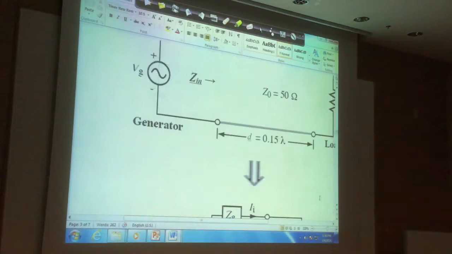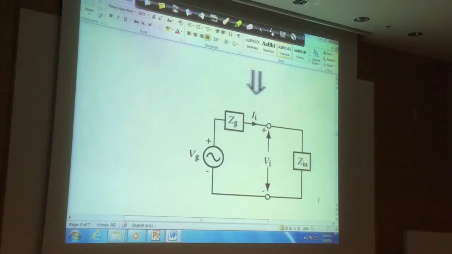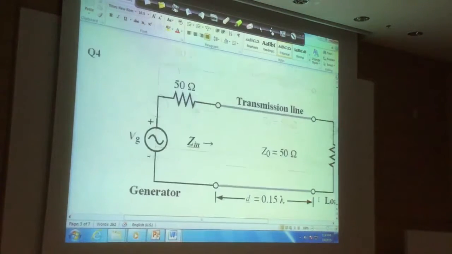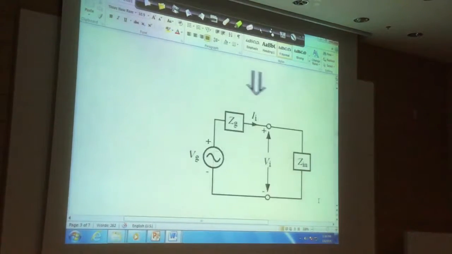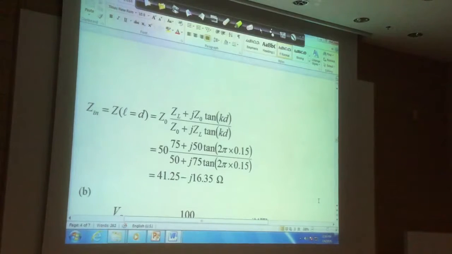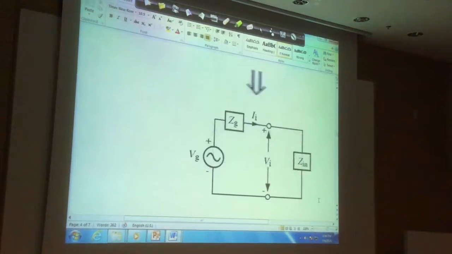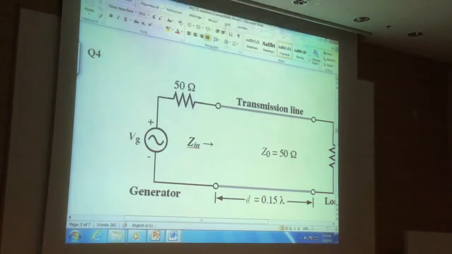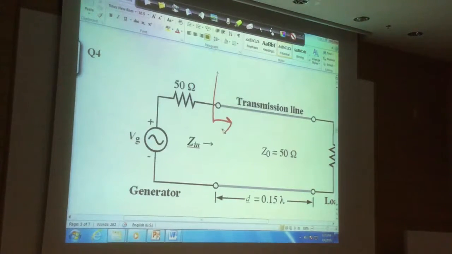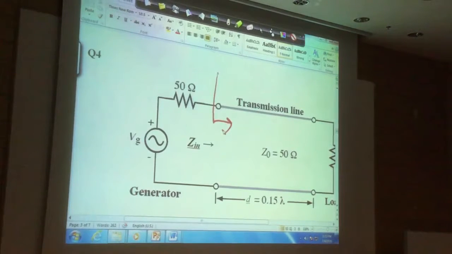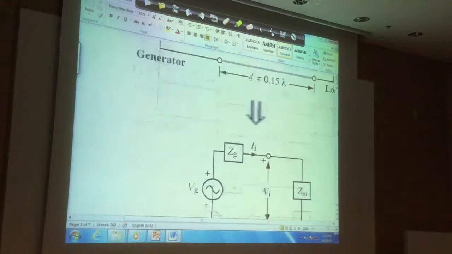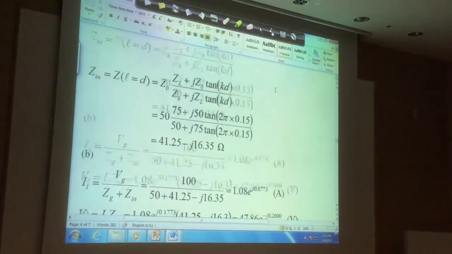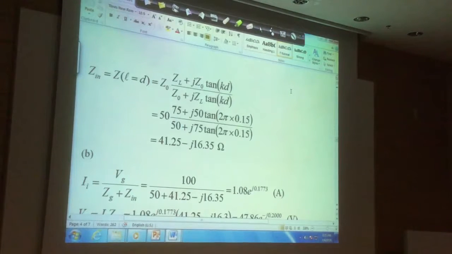Can be simplified as this, right? Okay, simplify as this. Then let's look at the solution. The input impedance means looking to here, right? This is very simple calculation, just by using the transmission line equation.